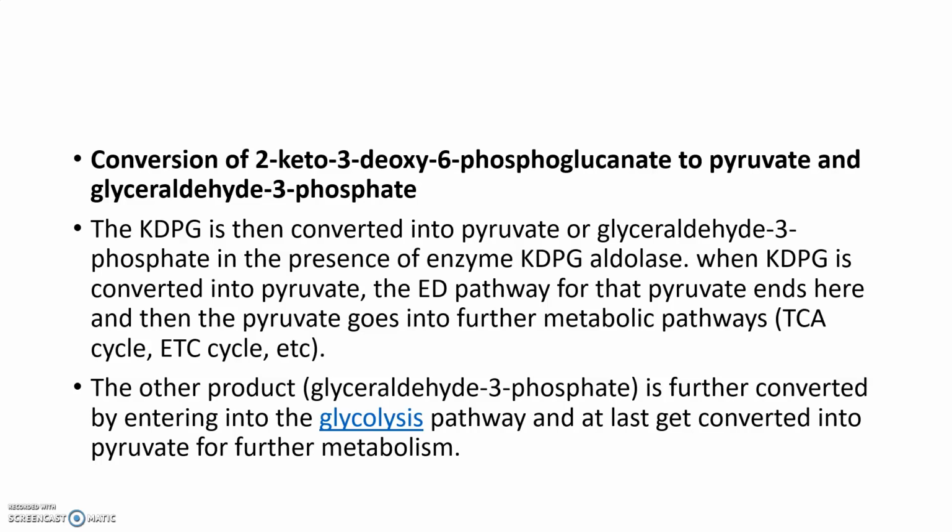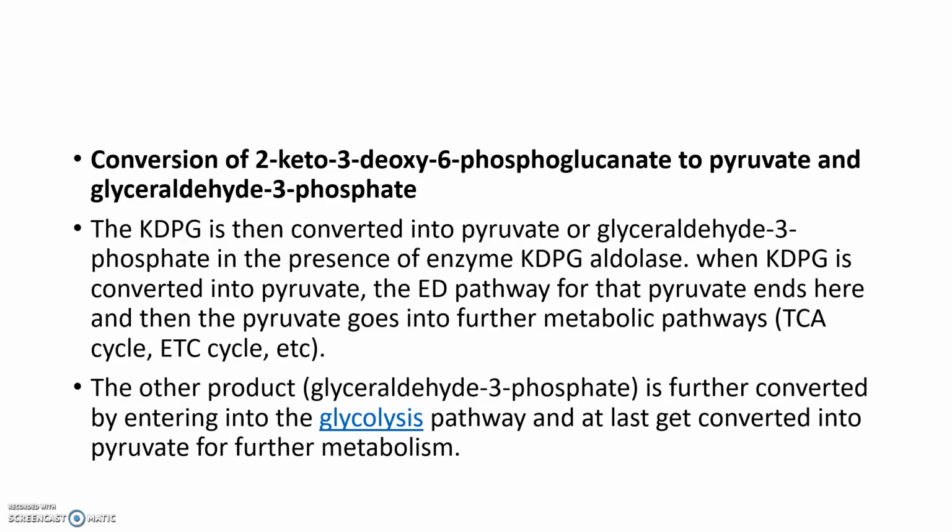After the formation of pyruvate, it may enter either the TCA cycle or the electron transport chain. The other product, glyceraldehyde 3-phosphate, can enter the glycolytic pathway, and at last it can also be converted to pyruvate for further metabolism.